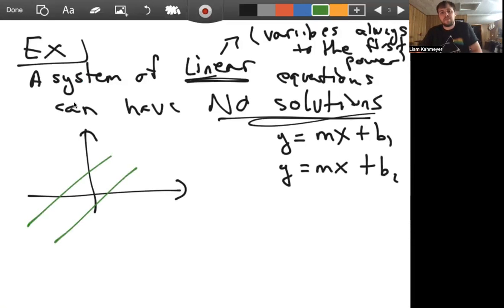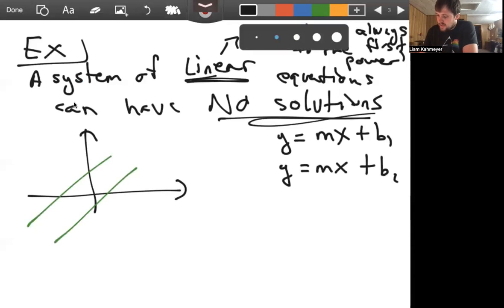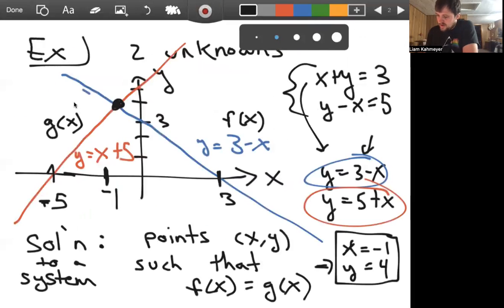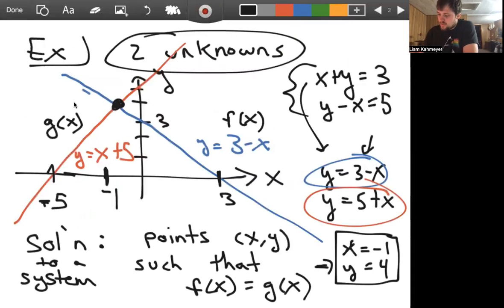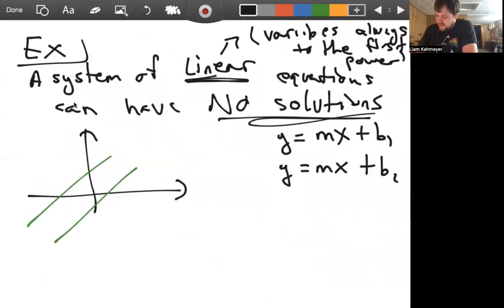If you have a system of equations where everything is parallel, at least in the setting we're looking at, 2 unknowns, and we're also looking in 2-dimensional space right now, then these systems will have no solutions.